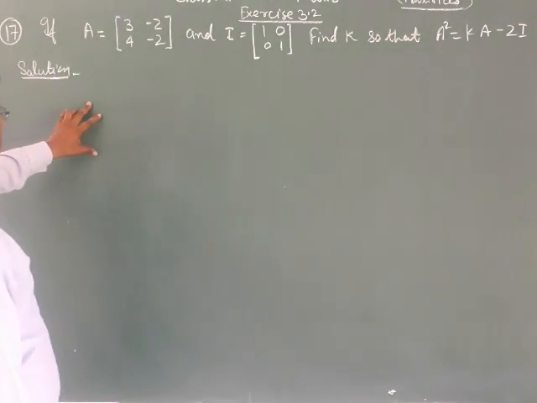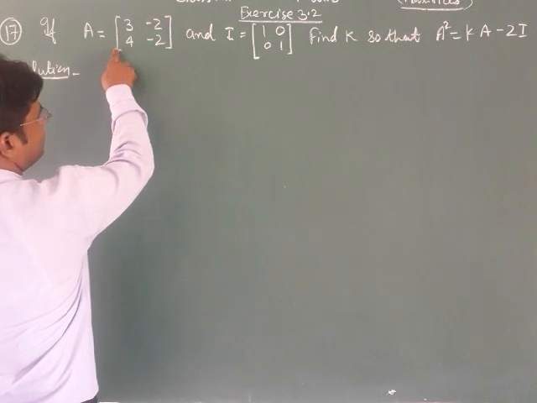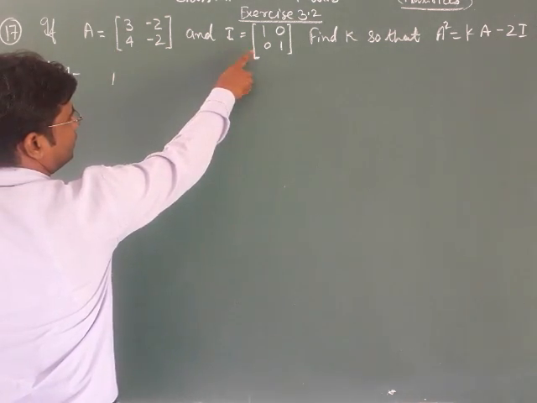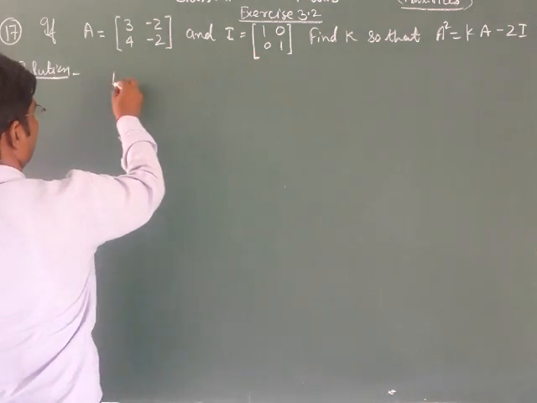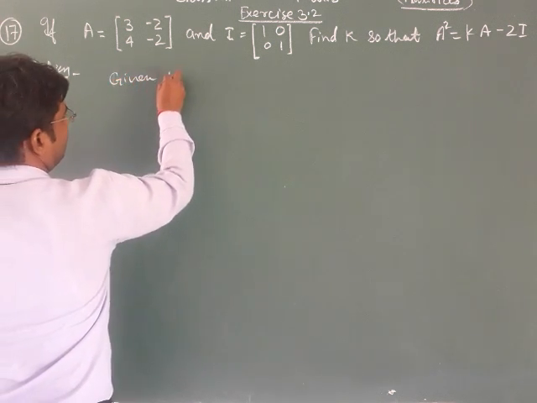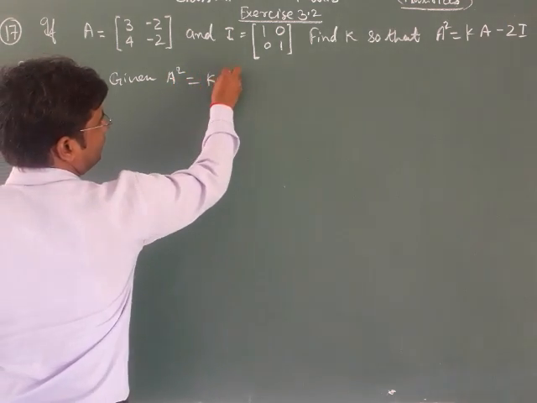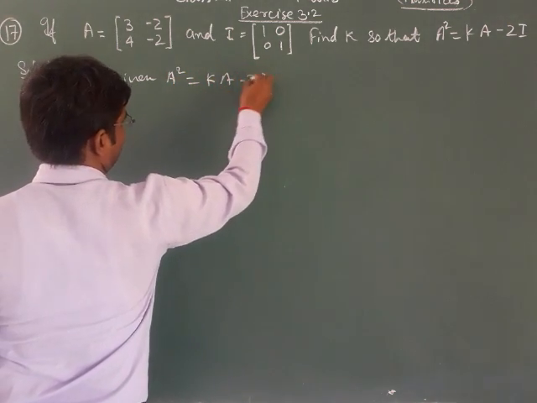Solution of this question: the matrix is given, and I is the identity matrix. Given A square is equal to kA minus 2I.